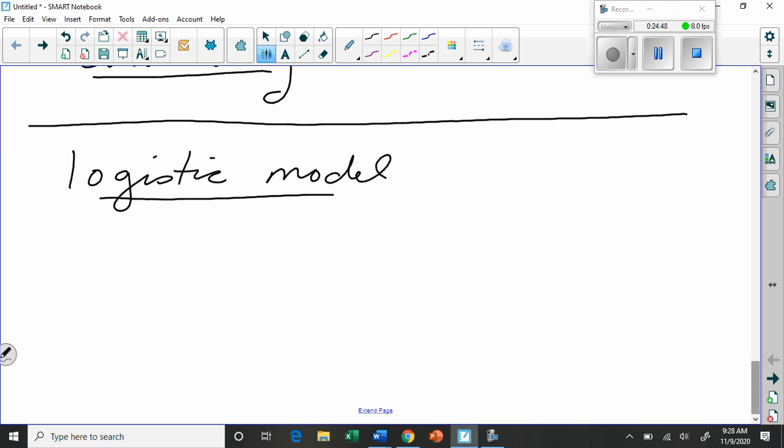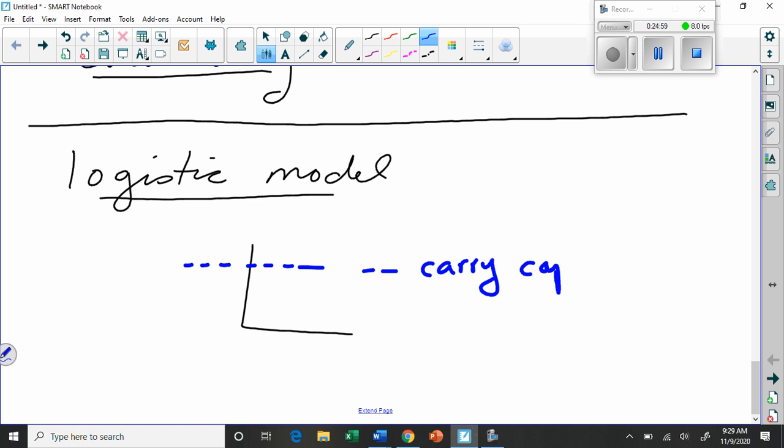Basically, these particular things tend to grow to a point: the carrying capacity. Let me just rewrite that. Carrying capacity.